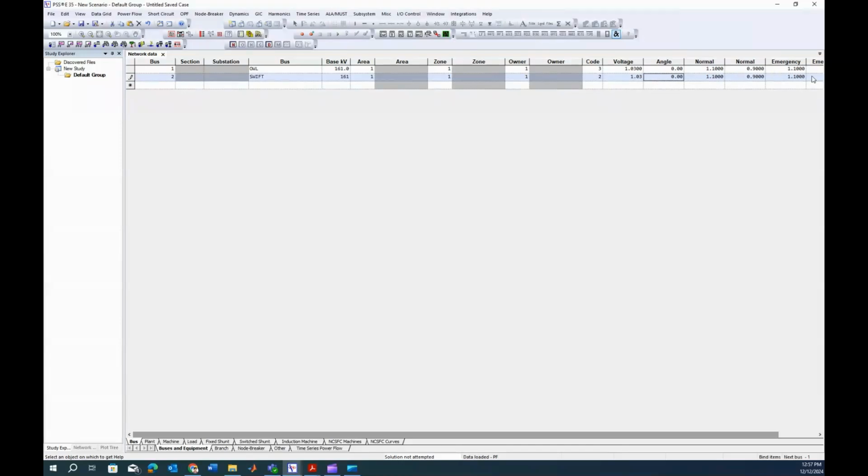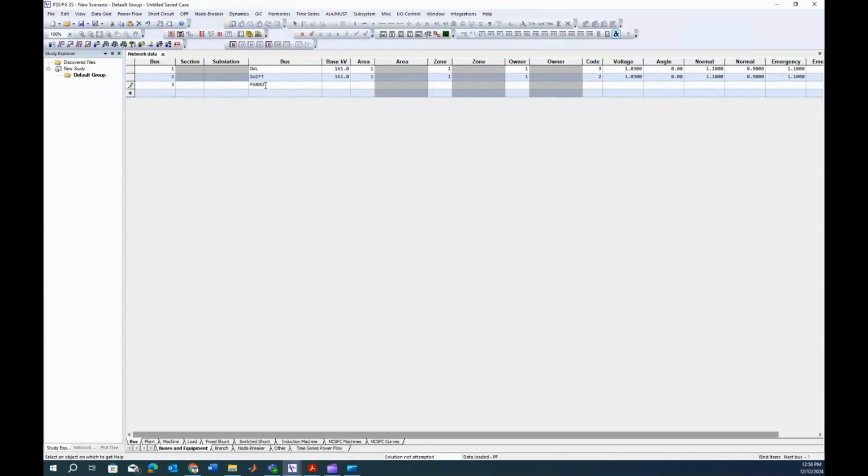Next, after the second bus data, you can go down to the third bus and enter 3. Once you enter bus 3, the next row will be created automatically, so you don't have to worry about that. After that, you can move on to the bus name, that is Parrot.